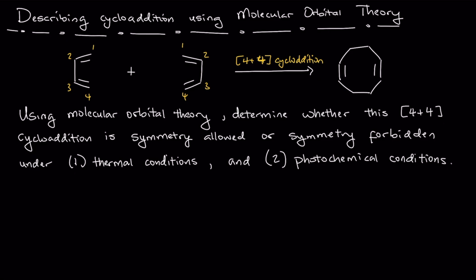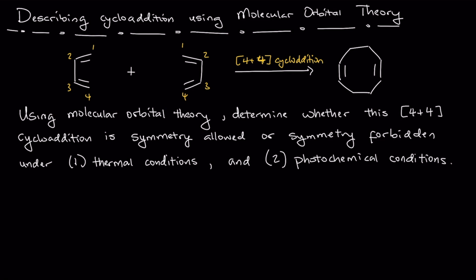symmetry allowed or symmetry forbidden under thermal conditions or under photochemical conditions? So can you use the molecular orbital theory that we just discussed to work your way through if this reaction will be allowed if you try to do it in heat versus if you try to do it under light, right? And you can use the same concept.